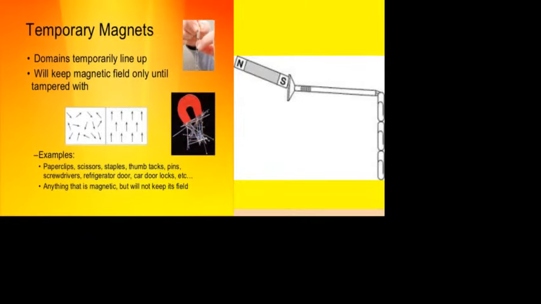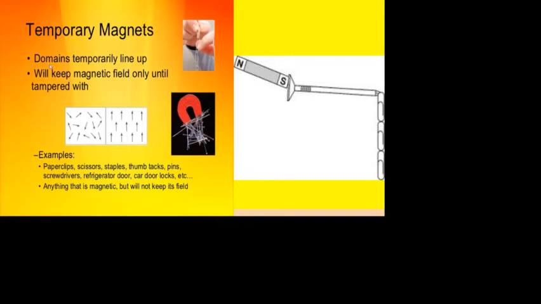So not all magnets are permanent magnets, though. You can have a temporary magnet. And I know there's not a specific place in your notes to put this vocabulary term, but I want you to write in your notes somewhere that when electrons are spinning in the same direction, they create domains.